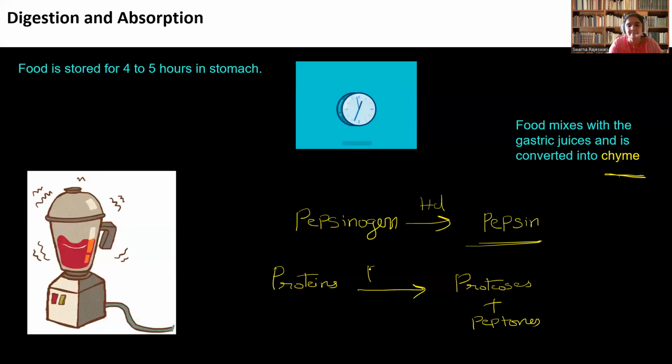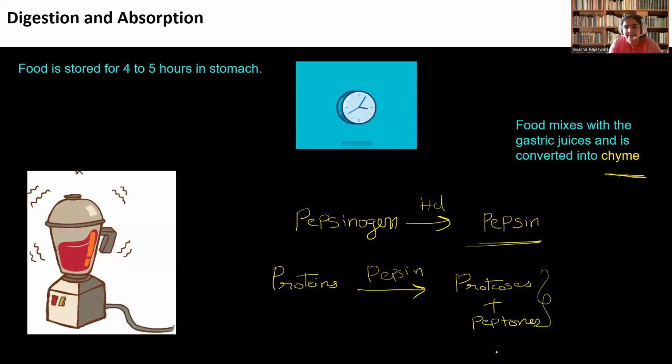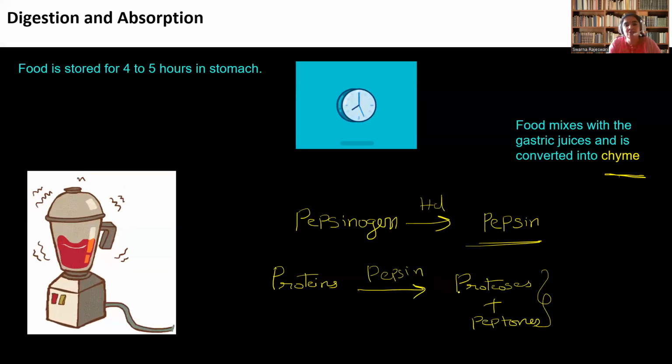This is partial digestion of proteins taking place in the stomach. In the stomach, only proteins are digested, and that also only partially. So this is about the digestion in the stomach.